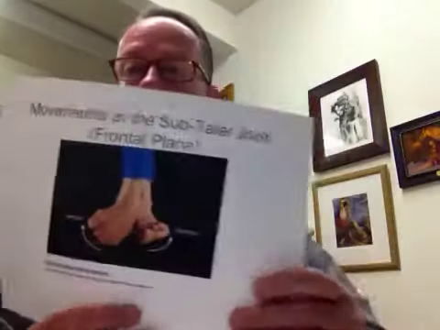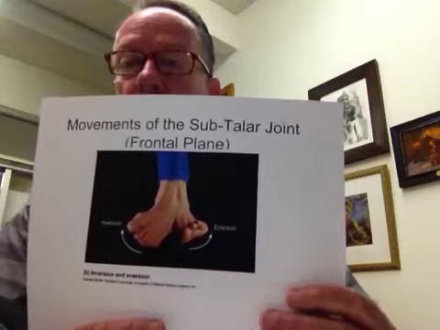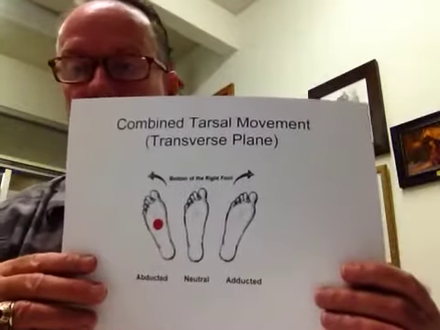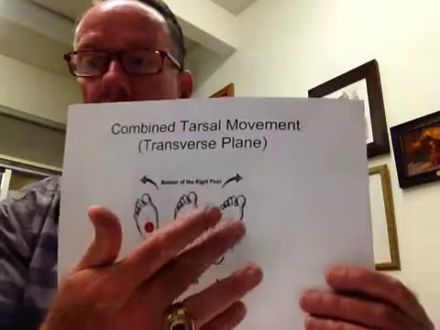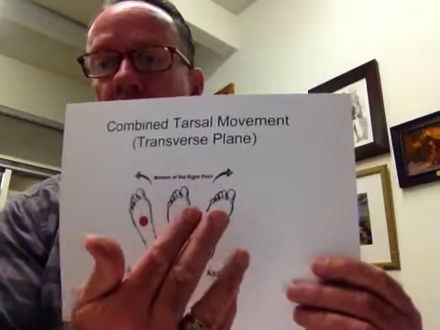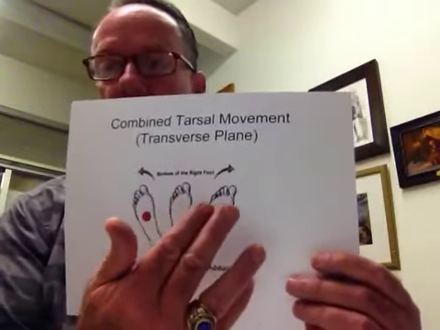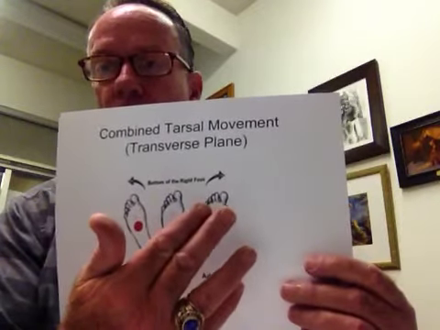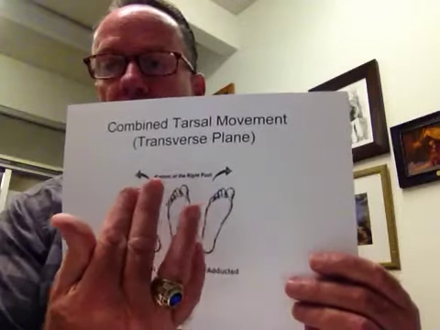Movements of the subtalar joint in the frontal plane are inversion and eversion, and then movement in the transverse plane are adduction and abduction. So you think of this as, obviously this results from some movement from the knee down, but it's possible to stabilize that crurus and get some rotation into abduction to neutral to abduction.